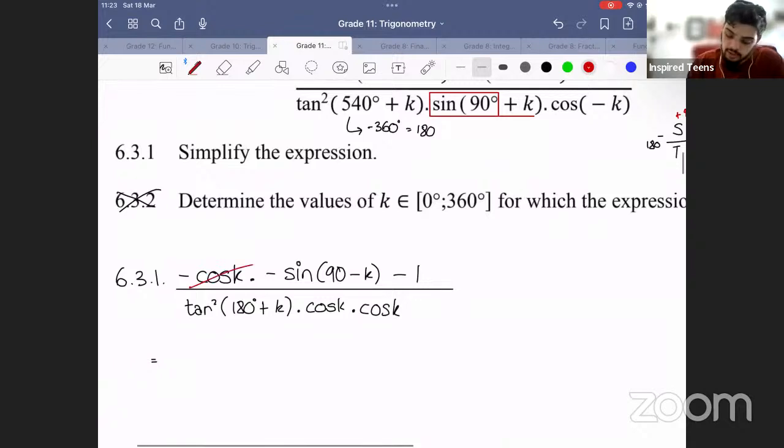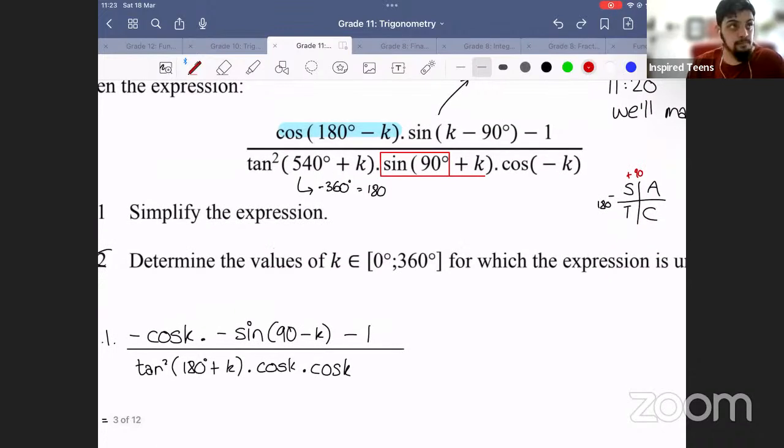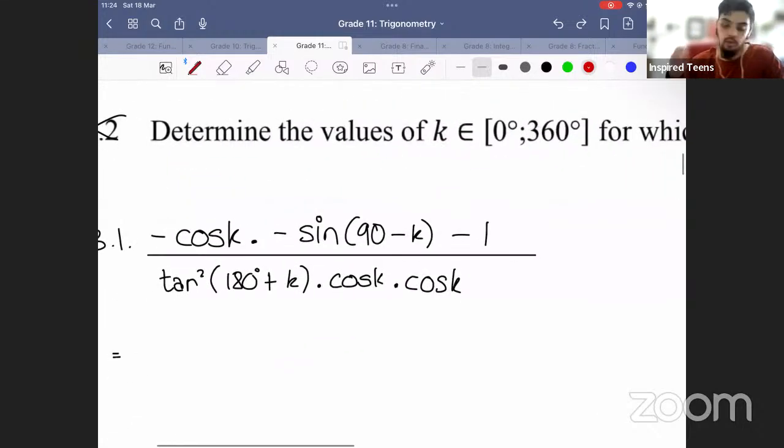Can I cancel this cos and that cos? Yes or no? No, the answer is no. The reason is because of this minus.